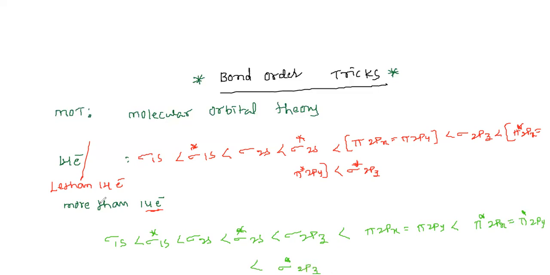So in MOT theory, for 14 electrons or less than 14 electrons, follow the first order. If it is more than 14 electrons, you have to follow this order. This was a last year NEET question.